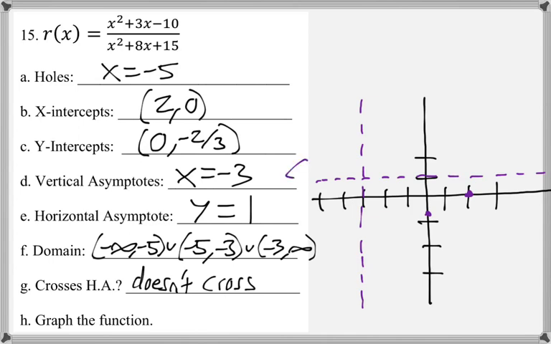So it's going to be like that, and then like that. So the only other thing that I'm missing here is the hole, and that's at negative 5. So over here at negative 5, I want to draw a hole, and let's see if I can erase that inner part. There we go. So that would be our graph.